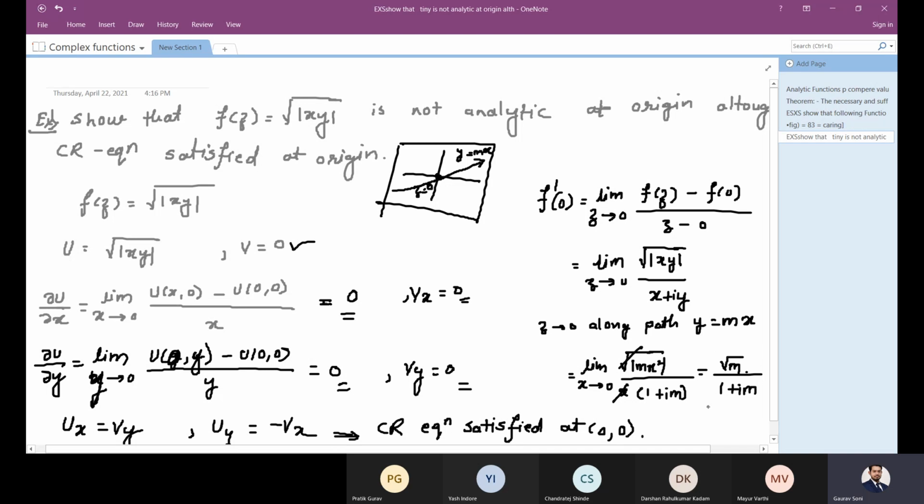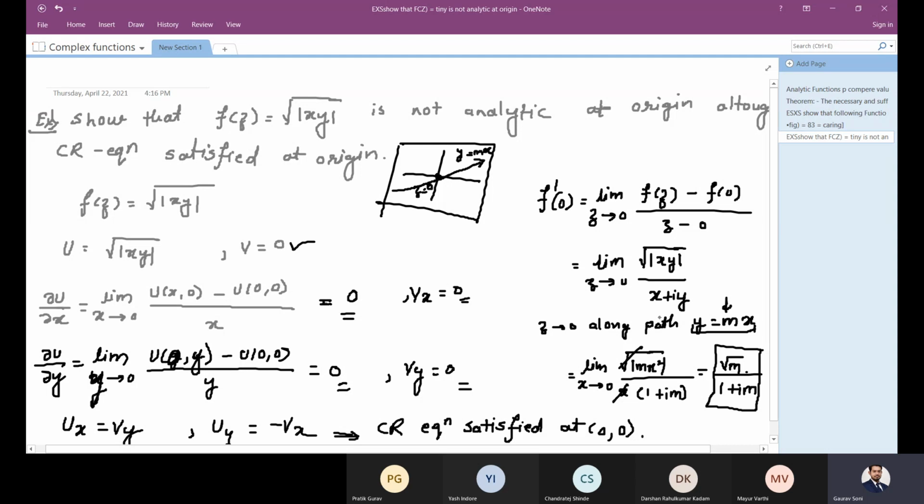So what does this mean? This means that the limit depends on the slope of the line. So if I change the slope of this line m, the limit will change. But what we know from our previous studies is that the limit is unique. So it must have a unique value which should not depend on the slope of the line.